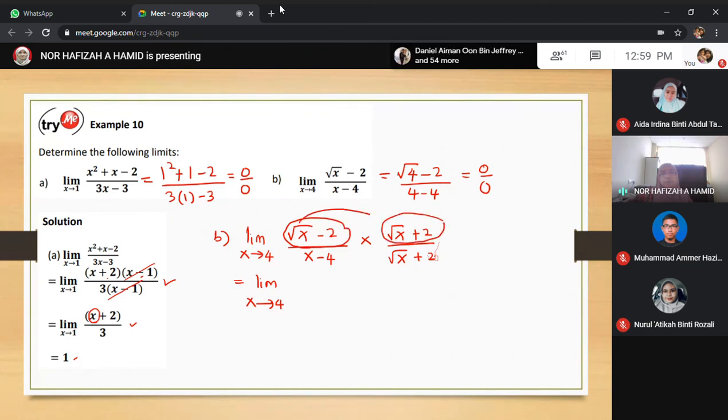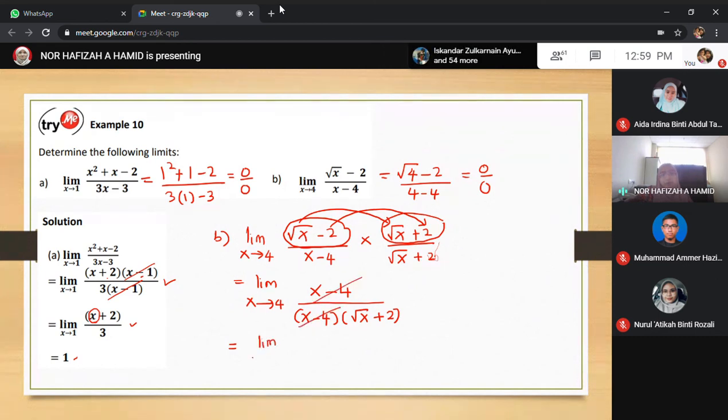So square root of x with square root of x, so you have x. And then negative 2 times 2, so you have minus 4. So over, the denominator I copy, square root of x plus 2. Okay, so equal to, you can cancel the common factor. The common factor is x minus 4 with x minus 4.